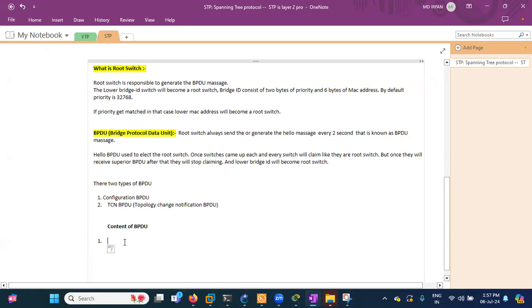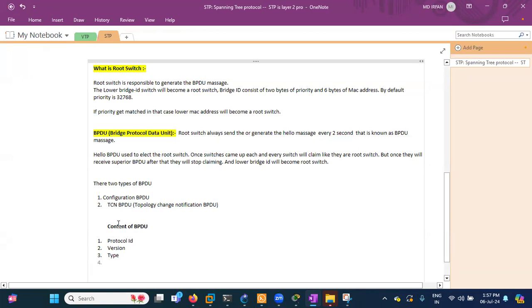First is protocol ID. Then second is the version. Then third, type of message: configuration BPDU or TCN BPDU.